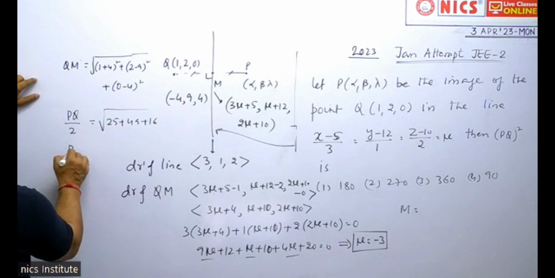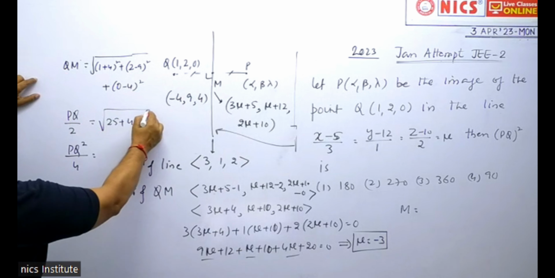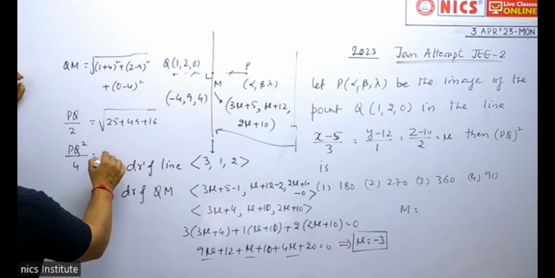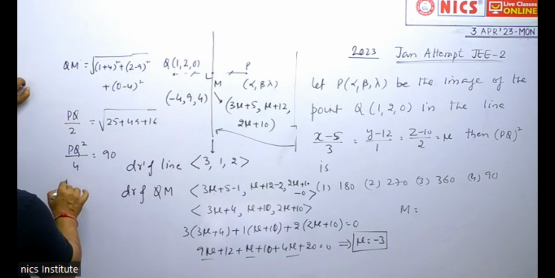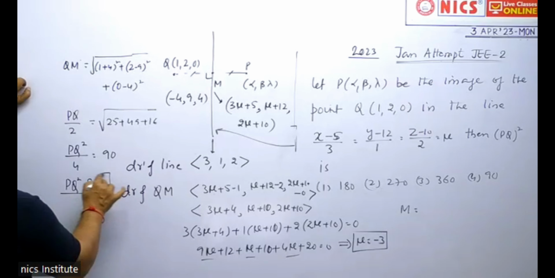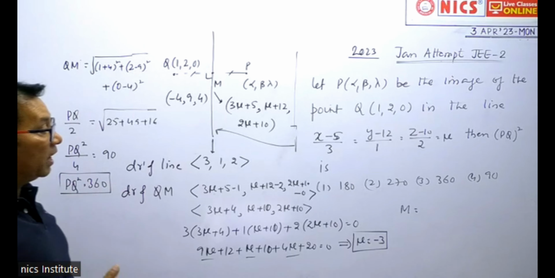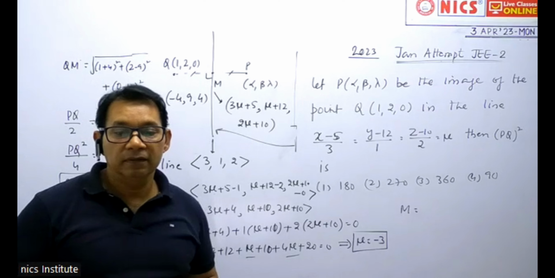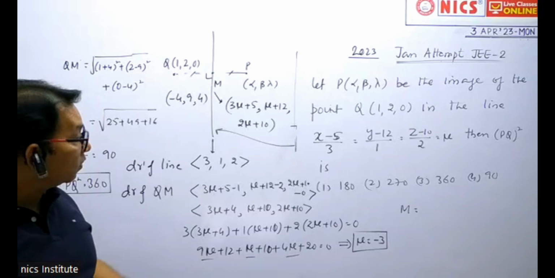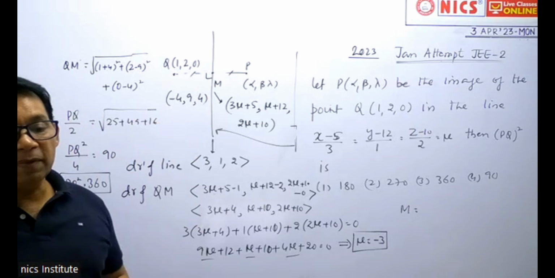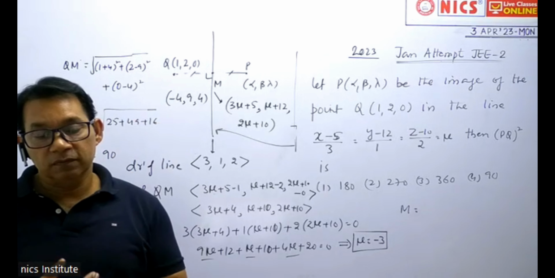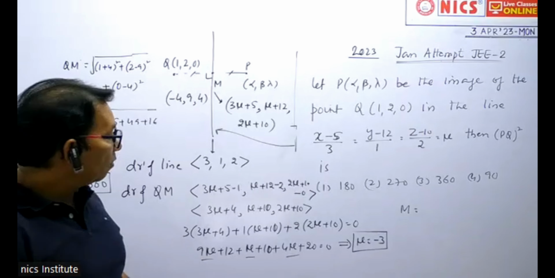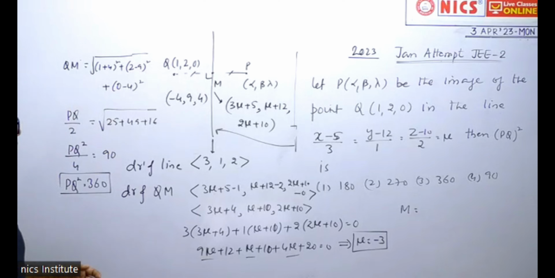Now squaring both sides, PQ square by 4 is how much? This is actually 90. Yes. It is 360. Many of the students got their answer as 90 or 180, even after multiple attempts, because they're making silly mistakes there. Somebody found QM, then multiplied by 2, but he didn't multiply at all.